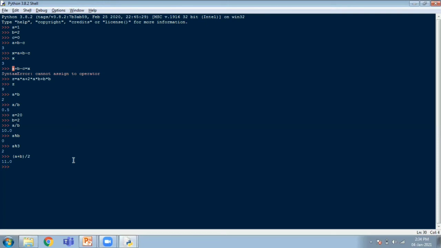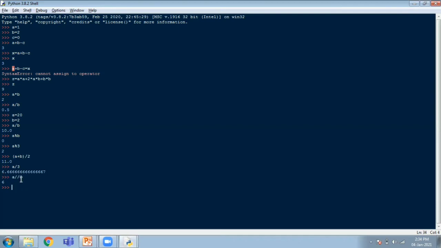Now let us see what is floor division. For example, A is 20, right? So when I divide A by 3, it is giving me a decimal. I don't want to consider this decimal part. I want only the integer part, the whole number part. Then I can use floor division, where it will take only the integer part. It won't round it off. It will give the integer part as it is.